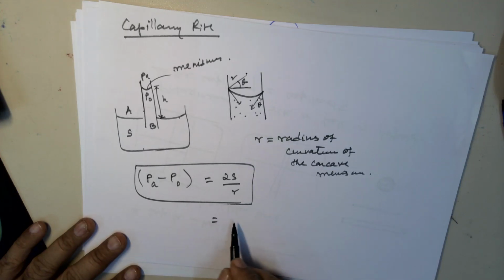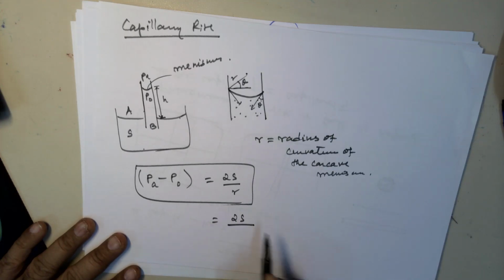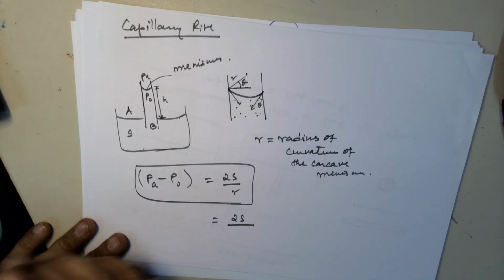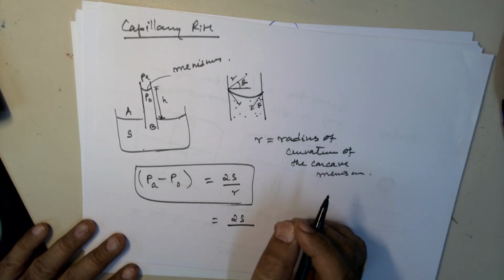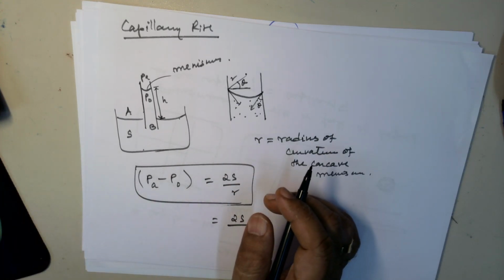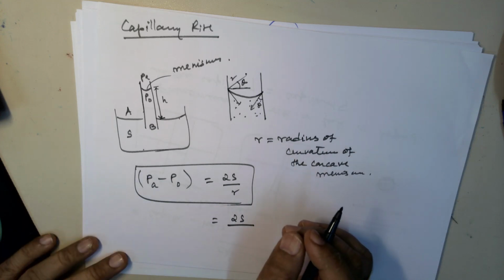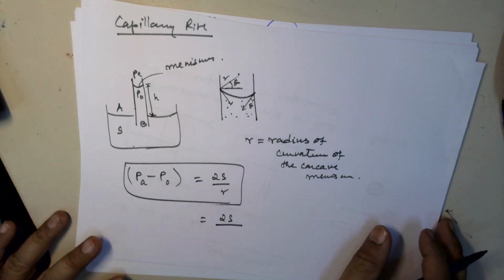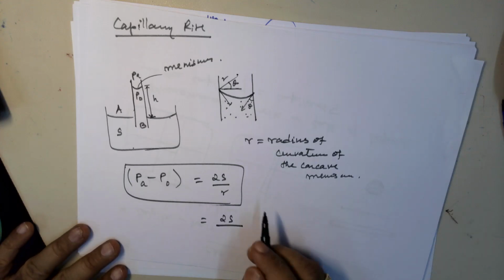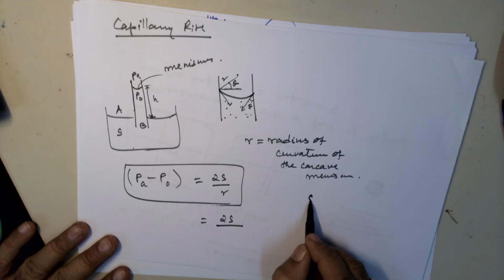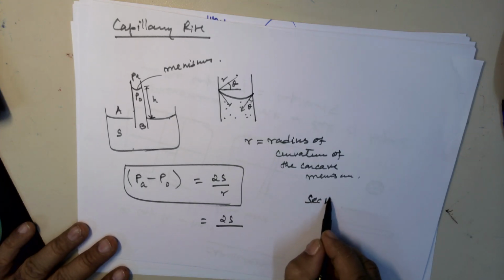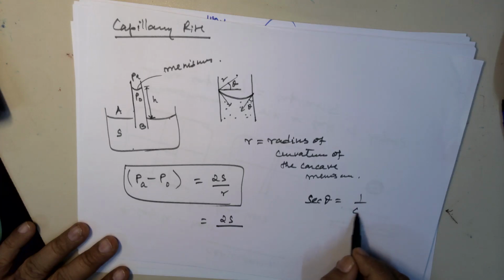And this 2S, okay. And what about this r? r is nothing but R secant theta. Okay, R secant theta. What do you mean by secant theta? Secant theta is 1 by cos theta. Okay, take down.